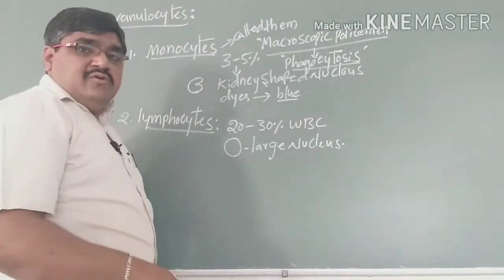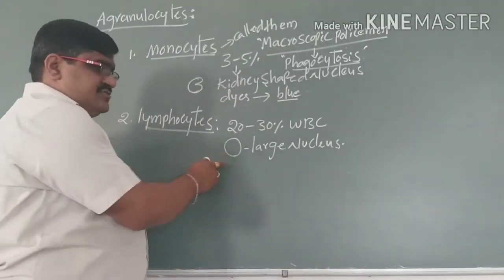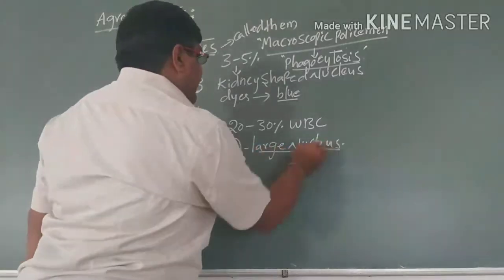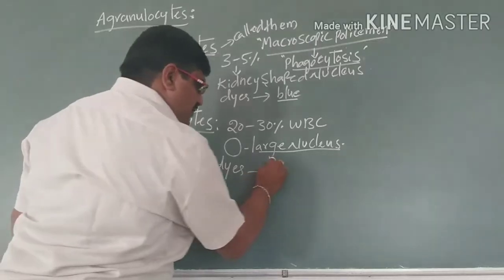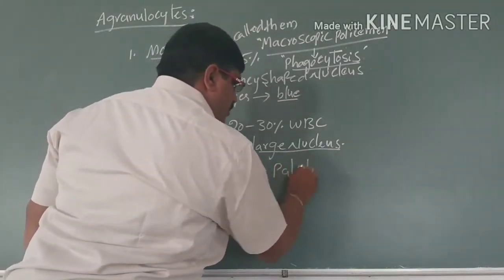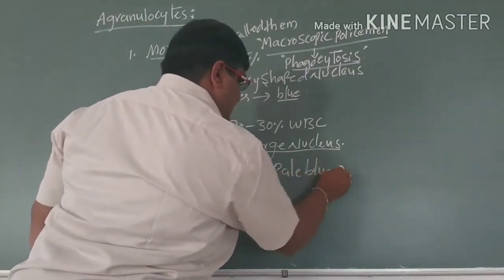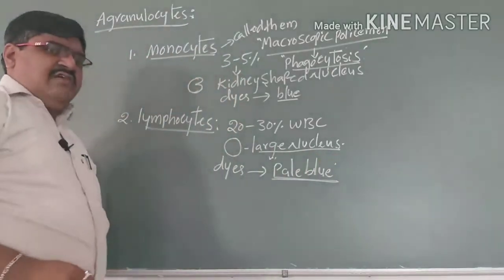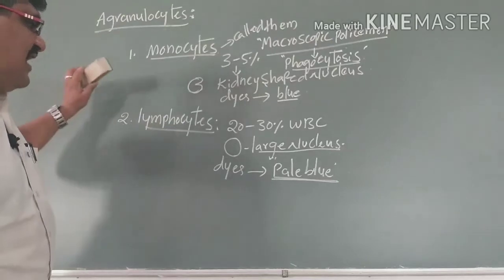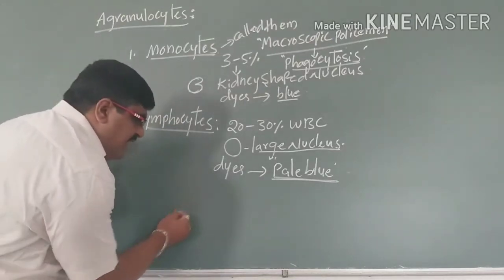By using dyes, they produce a pale blue color. These lymphocytes are present in the lymph nodes.